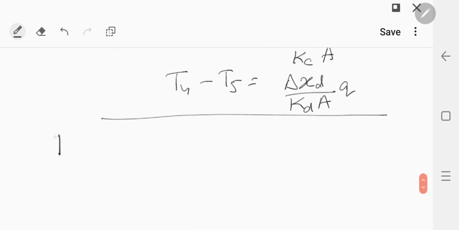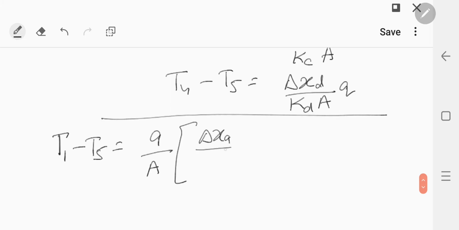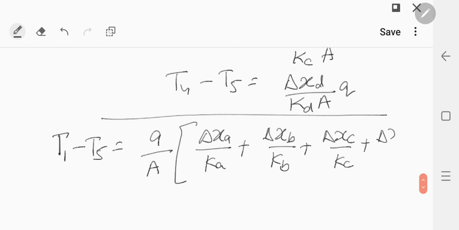If we add all these equations, we have T1 minus T5 and Q and A to take out common. So we have delta XA over KA plus delta XB over KB plus delta XC over KC plus delta XD over KD.